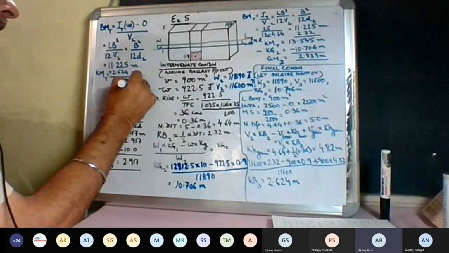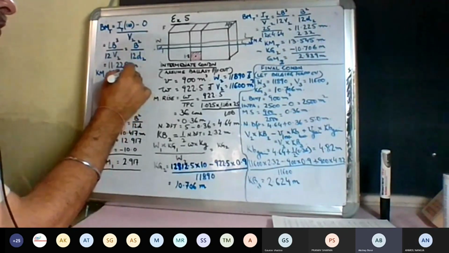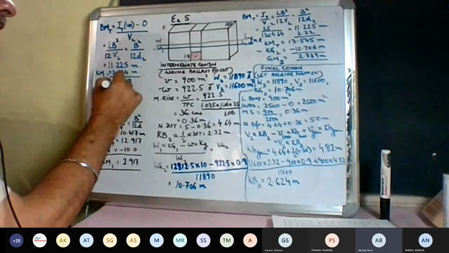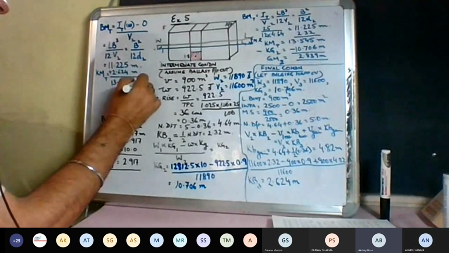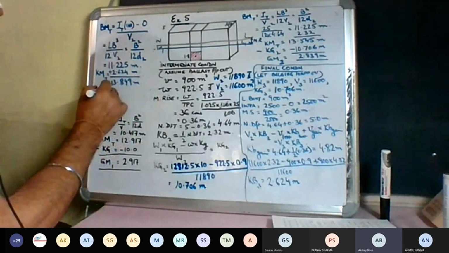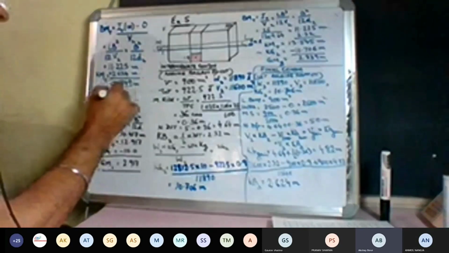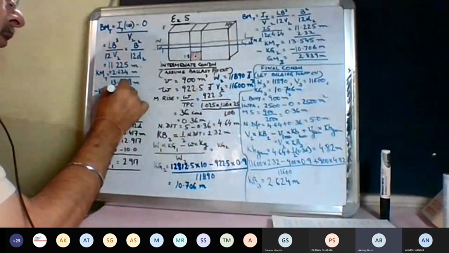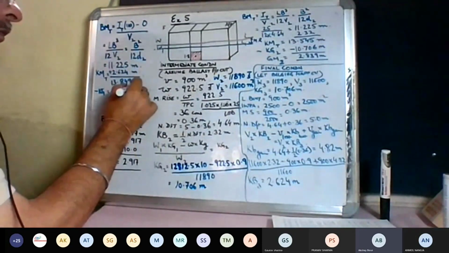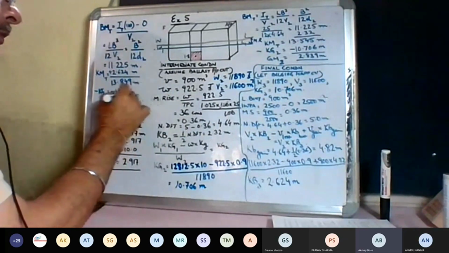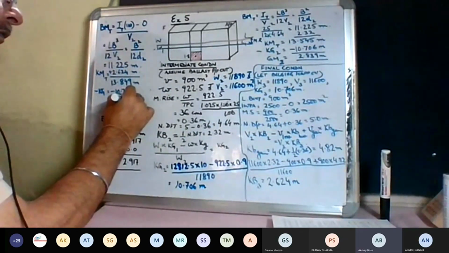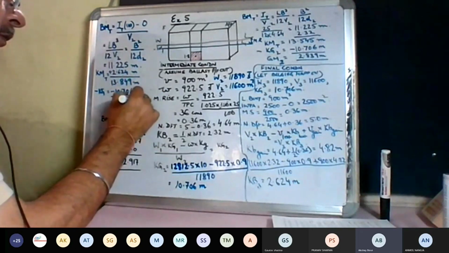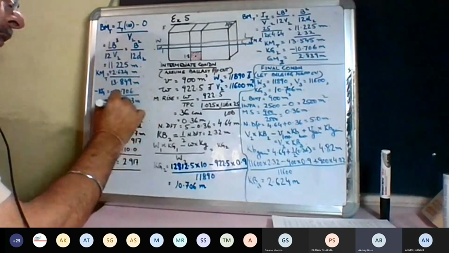So 5 and 4 9, 2 and 2 4, 6 and 2 8, 13.849 minus KG, which remains constant, that was 10.706. 3.143.